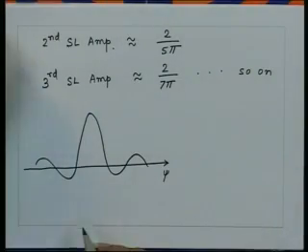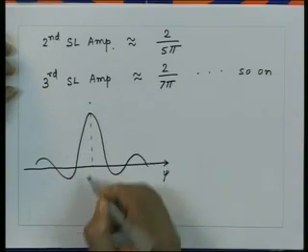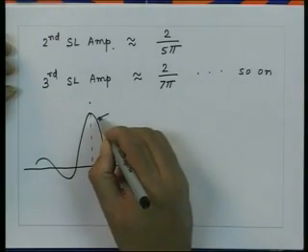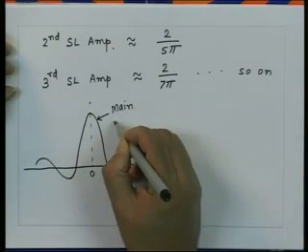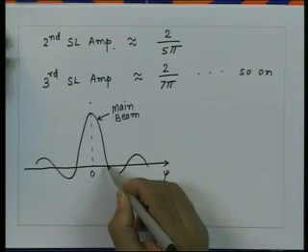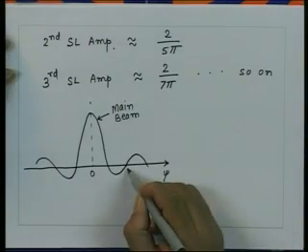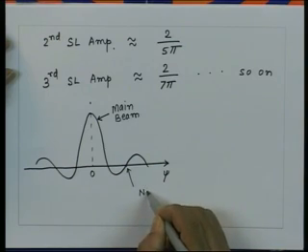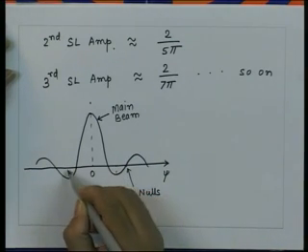This is the one which corresponds to psi equal to 0, which we call the main beam. And these are the locations of the nulls where the function goes to 0, and these are the locations of the side lobes.